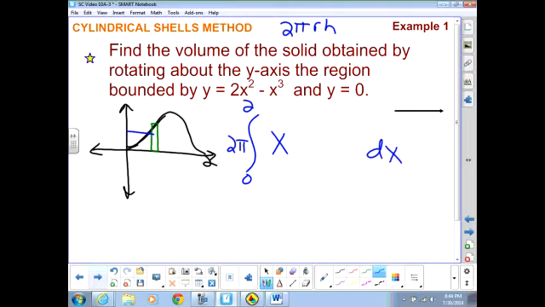We now need to multiply it by the height. Well, the height is just the height of your rectangle. So the height of our rectangle is this red line right here. Well, that height is just connected to the x-axis. We know that's a y. Well, we can't put y in for the height because we're in terms of dx, so we have to put what y is equal to, which is 2x squared minus x cubed.